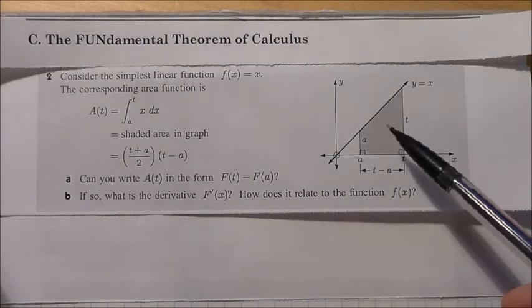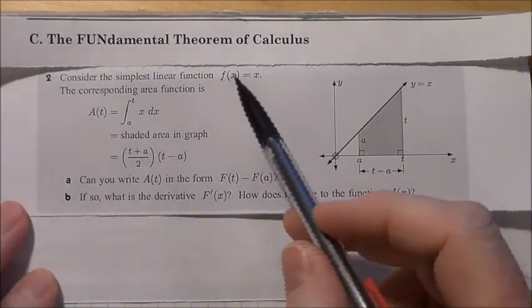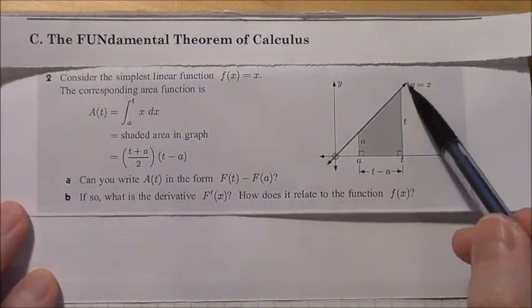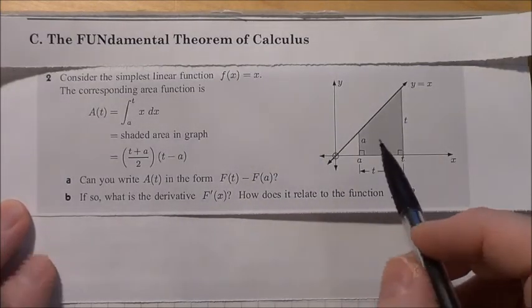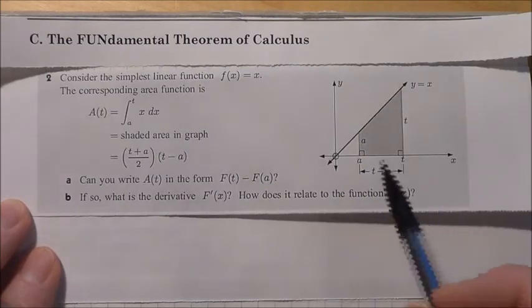Number 2, here we have the basic of all functions, f of x equals x, or y equals x. And again, we're going to take a look at the area under that curve from x equals a to x equals t.